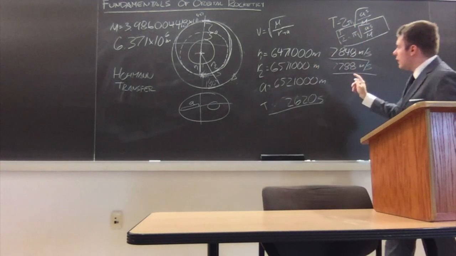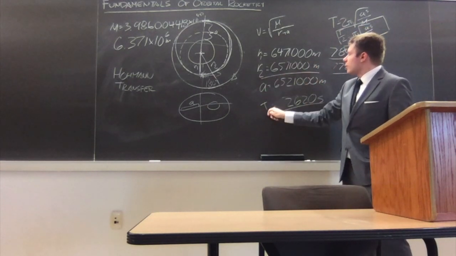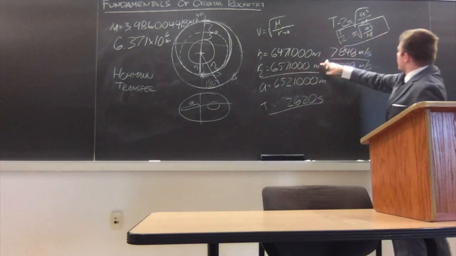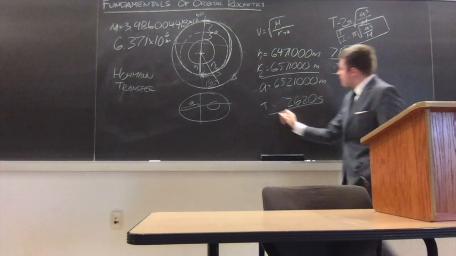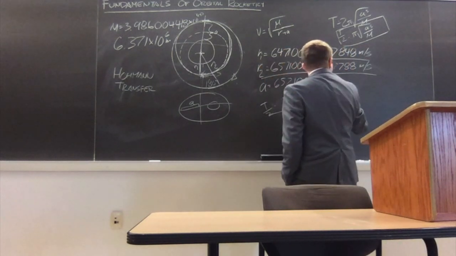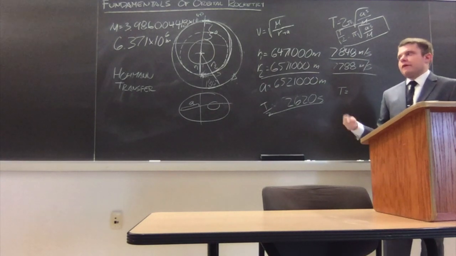Actually, let's do the period of the target then, because we got our orbit. So just plug in this for A and give me the full time for that. It should be about 5,000 something.